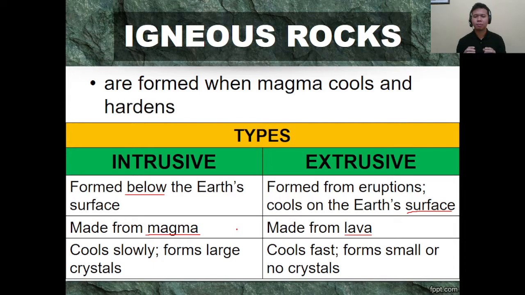While for extrusive igneous rock, since the cooling process is very fast, the crystals fail to grow in large amounts. That's why they usually have smaller crystals or no crystals at all. Okay, so those are the differences between the two types of igneous rocks.